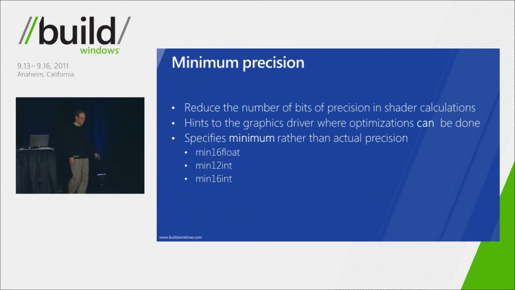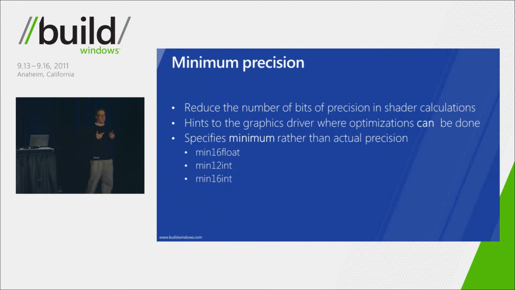So minimum precision. When you think about what happens in the GPU, I have this whole set of cores which are replicated across the part to be able to do all those computations in parallel. All those computations today are done in 32 bits per pixel, or 32 bits per computation. What that means is that there's probably a lot more than 32 bits of register to be able to do those computations.